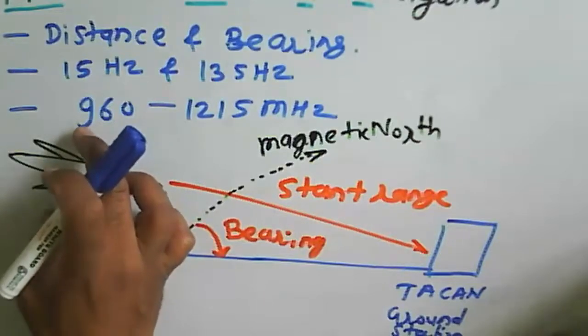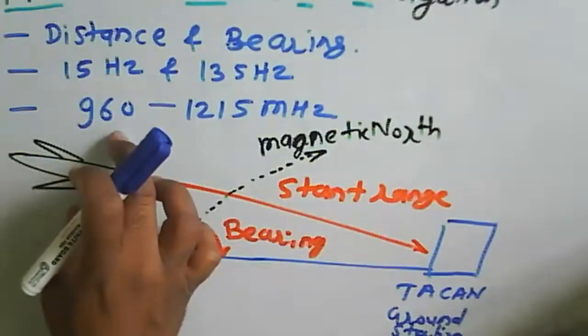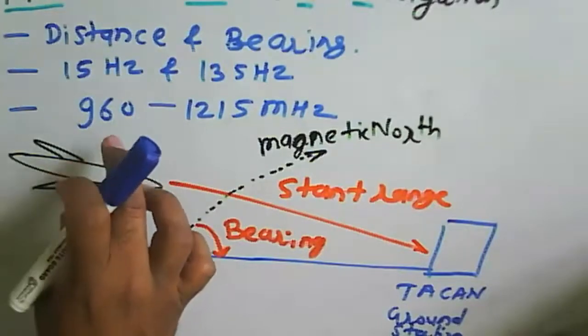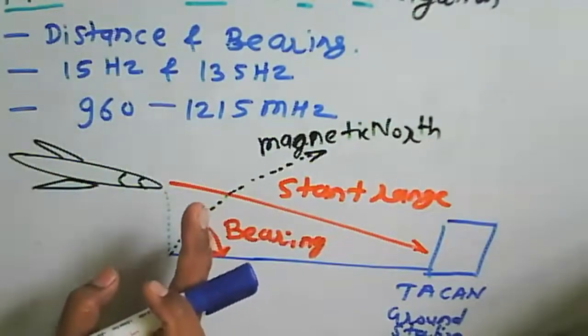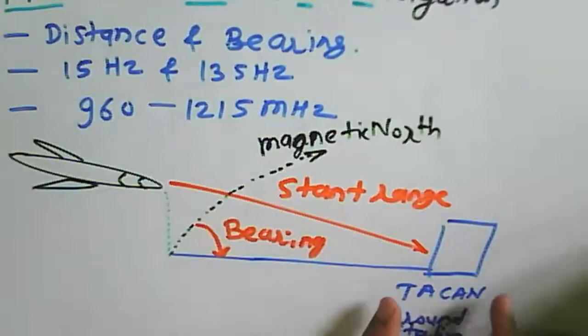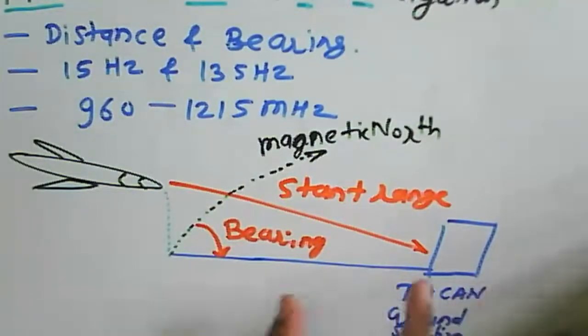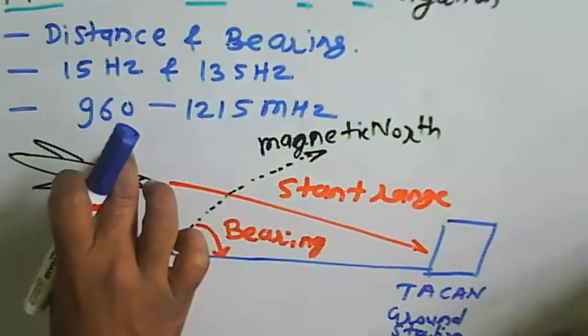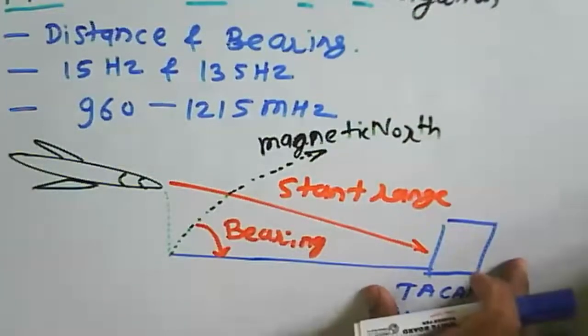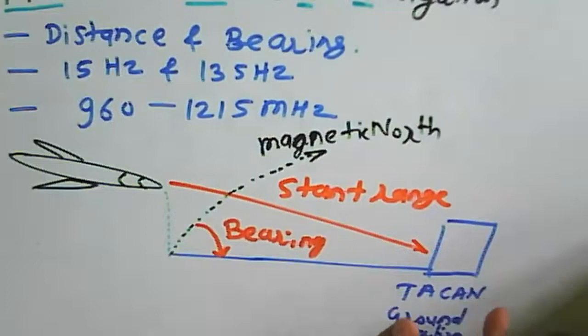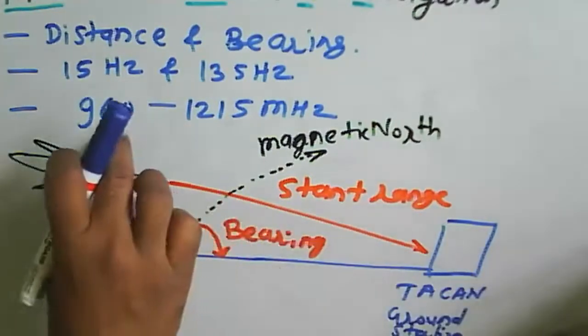So we have the airborne equipment, or in the aircraft the interrogation pulse, meaning that particular signal is transmitted, and the pulse transmitted by the aircraft will be received by the TACAN system that is present on the ground, and here it has a transponder.